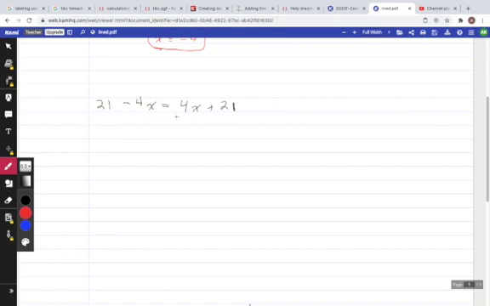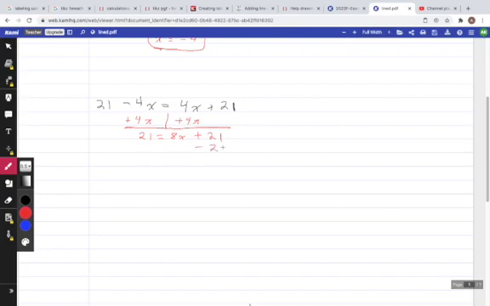Now, we can either subtract 4x from both sides, or we can add 4x to both sides. I'm going to choose to add 4x to both sides here. And if we do that, we now have 21 is equal to 8x plus 21.